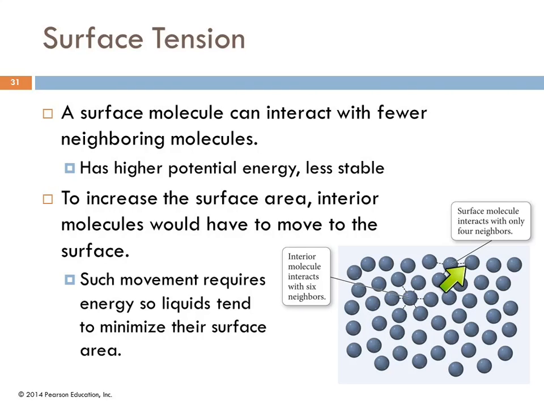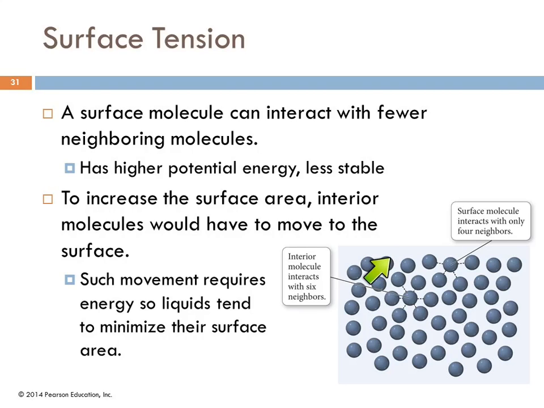So this surface molecule has higher potential energy because it has less interaction with its neighbors. These forces of attraction lower the potential energy. If we are to increase the surface area of this liquid, more liquid molecules are going to have to be in that less stable position of being on the surface.